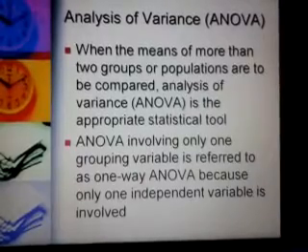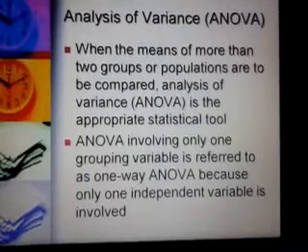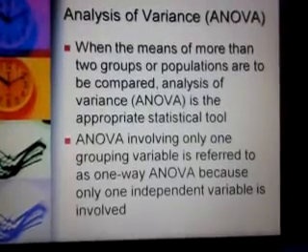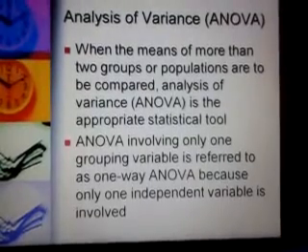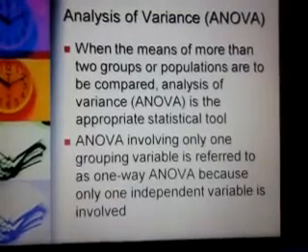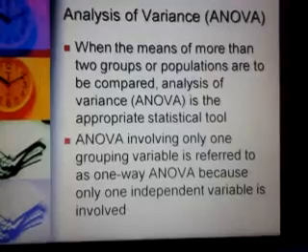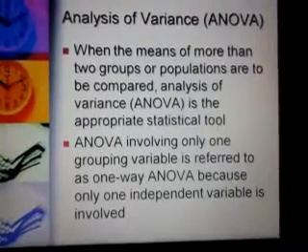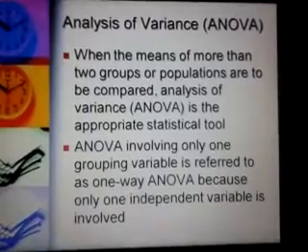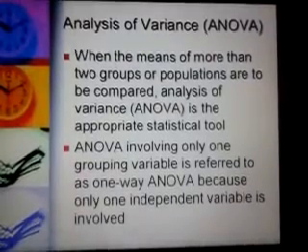In this example, we are considering sales with high promotion, sales with medium promotion and sales with low promotion. So three categories. If we are comparing means of more than two groups or more than two populations, we use ANOVA. In this example, we are taking three populations, three groups.